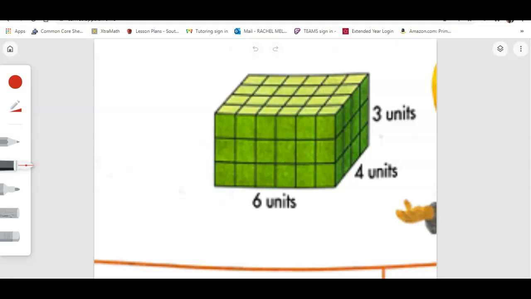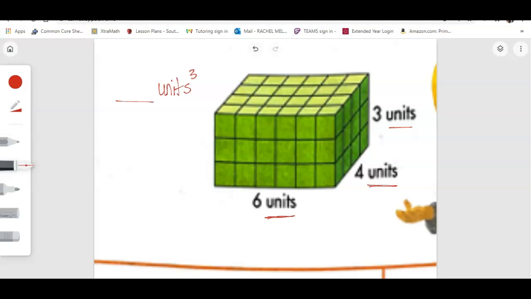I always like to double check and look at what the unit of measure is. So they're telling me these are units. It's not centimeters or miles or meters or anything like that. It's units. So when I get my answer, it needs to be in cubic units. Whatever my answer is, my label is cubic units.